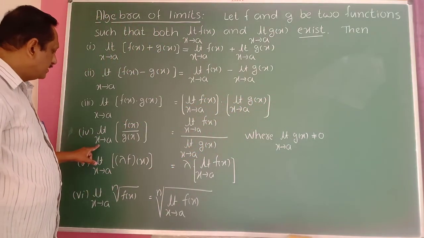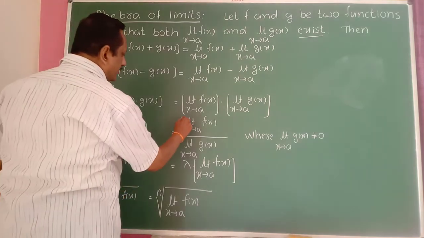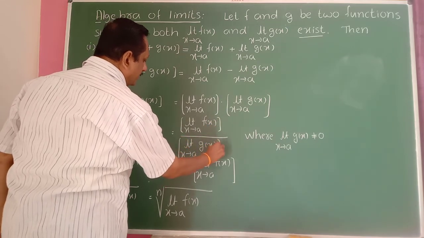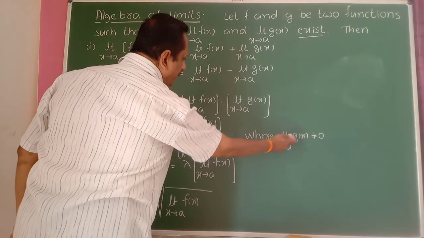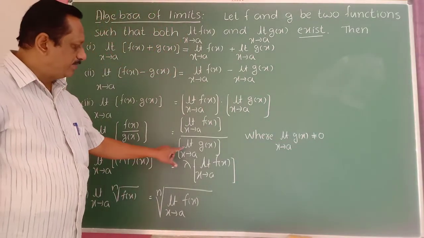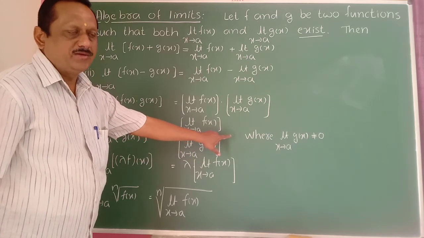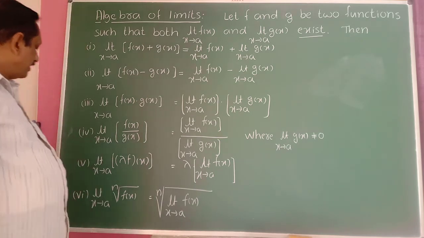Limit of f of x upon g of x as x tending to a is equal to limit f of x as x tending to a divided by limit of g of x as x tending to a, where limit g of x is not equal to 0, because if this becomes 0, what happens? Infinity. Therefore, the denominator must be not equal to 0. That is important here.